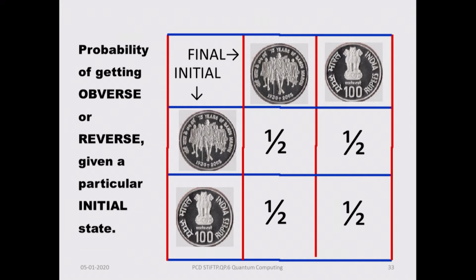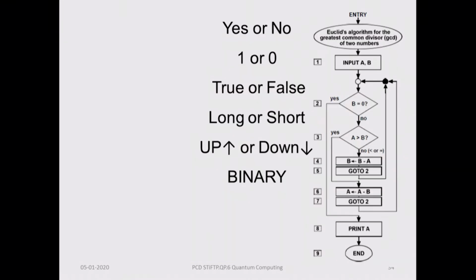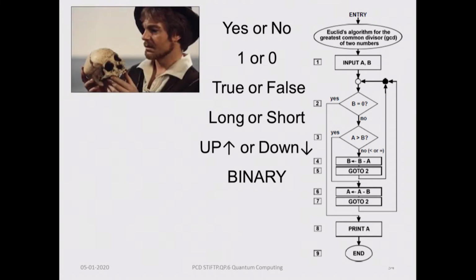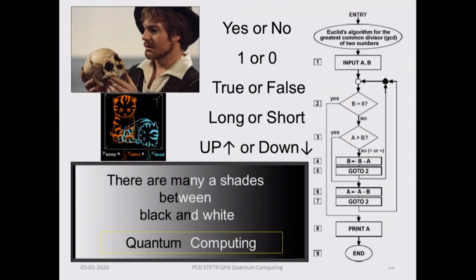And all the results of Boolean algebra, Karnaugh maps, Shannon's information theory, and the computing networks, they are based on this idea. Everything is in terms of yes or no. All the logic that we talked about can be analyzed in terms of this 1 or 0.